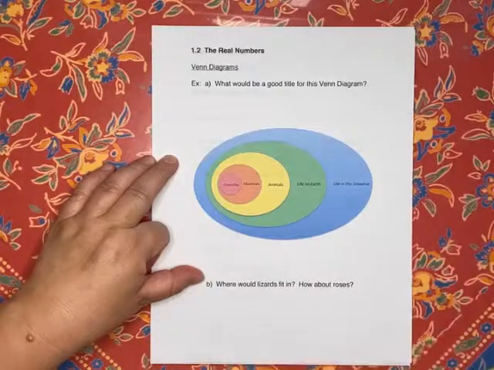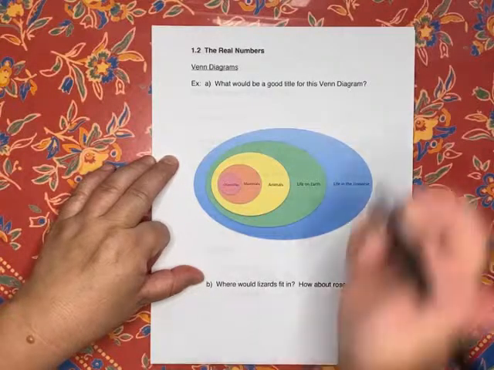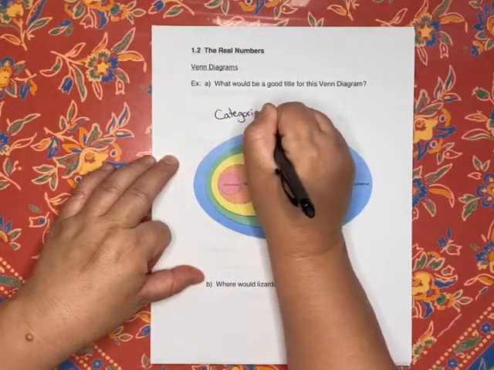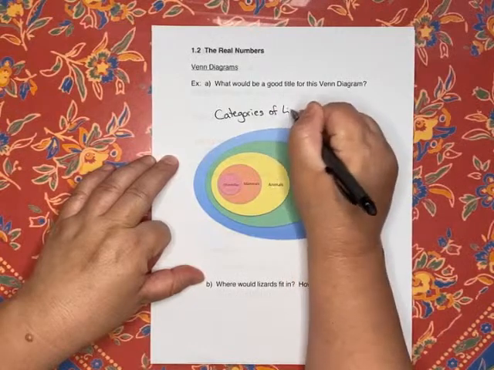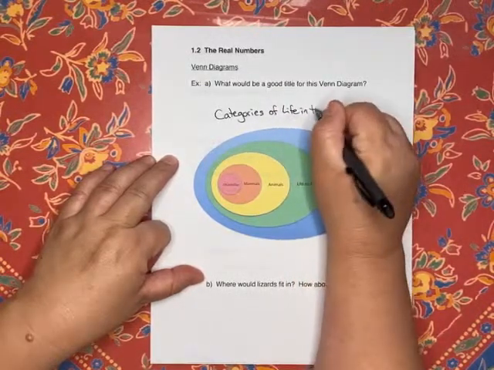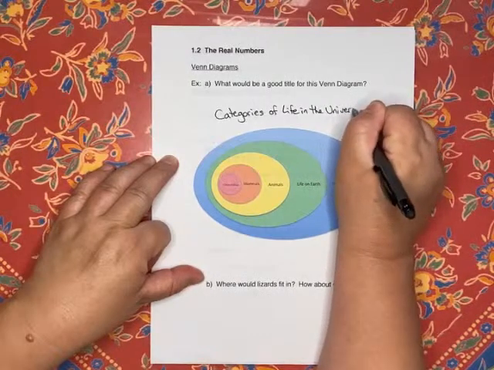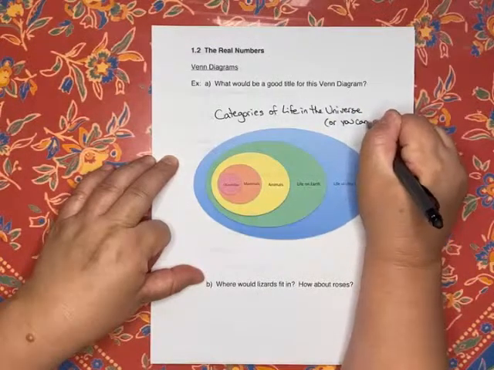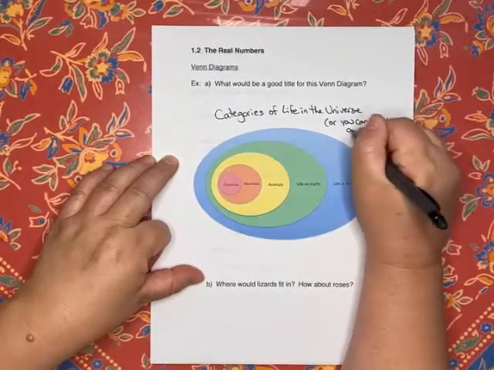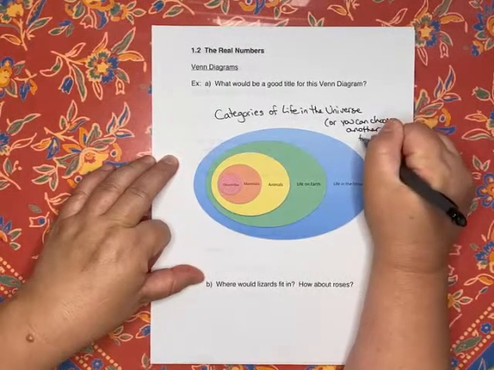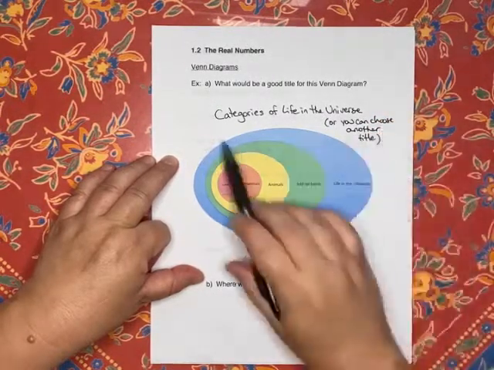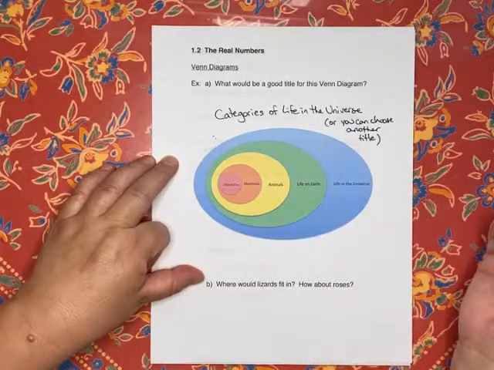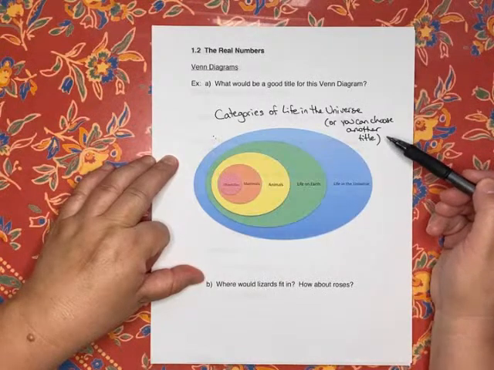Let's see, I've got to pick one. And again, I'm going to choose categories of life in the universe, which is what strikes me as interesting right now. But you could choose another title.